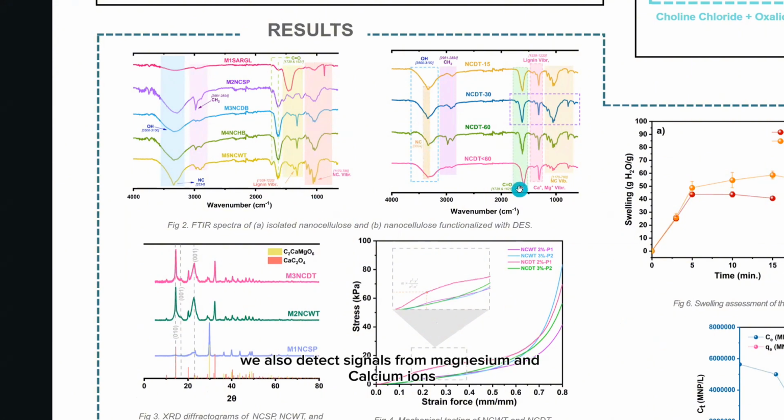We also detect signals from magnesium and calcium ions, which likely originate from marine impurities remaining in the sargassum. Interestingly, those ions contribute to improved properties once the nanocellulose is functionalized with the solvent.